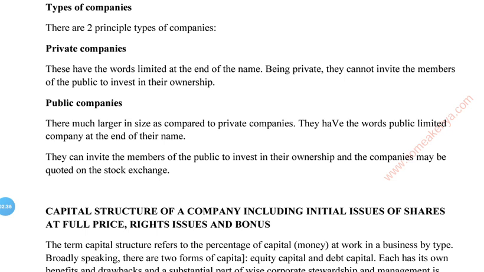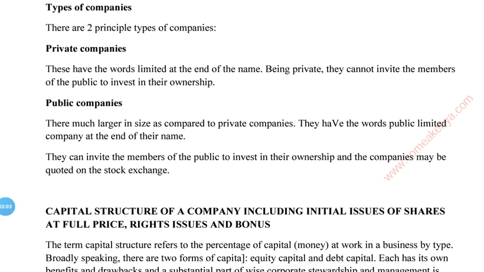They can invite members of the public to invest in their ownership, and the companies may be quoted on the stock exchange, and therefore their shares are traded freely. So that is in case you are asked the differences between a private and a public company.